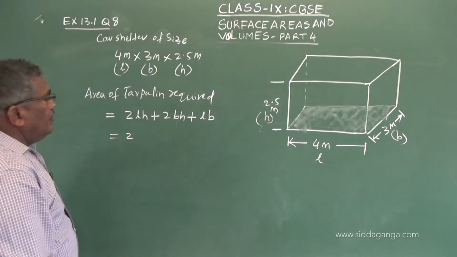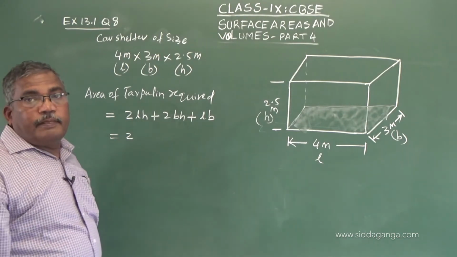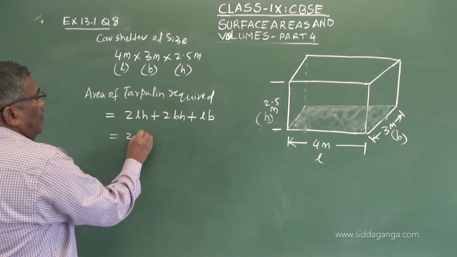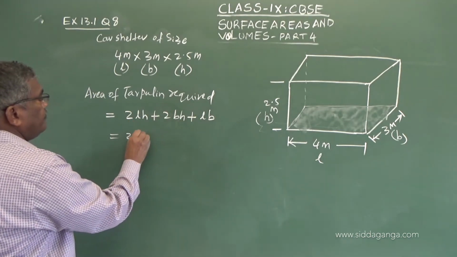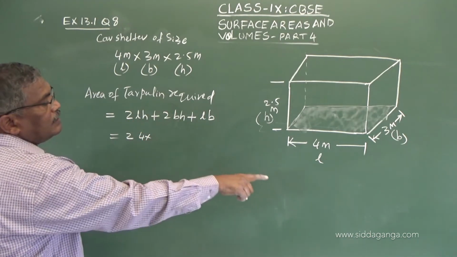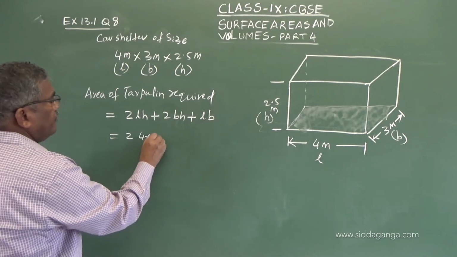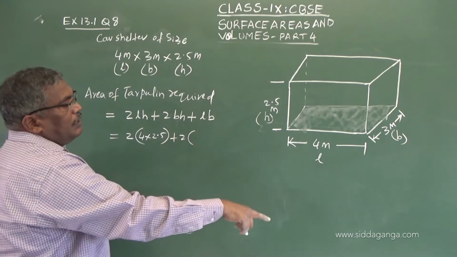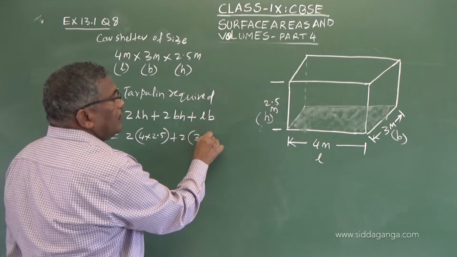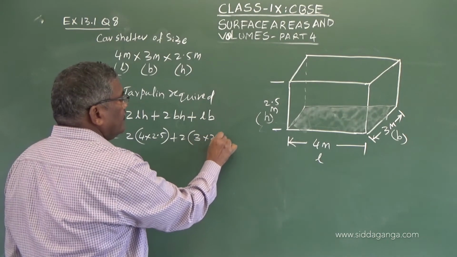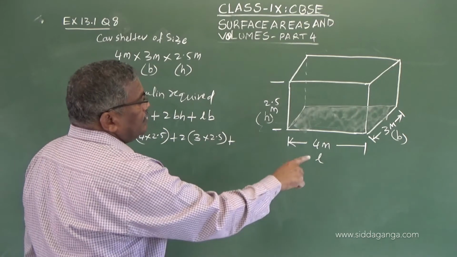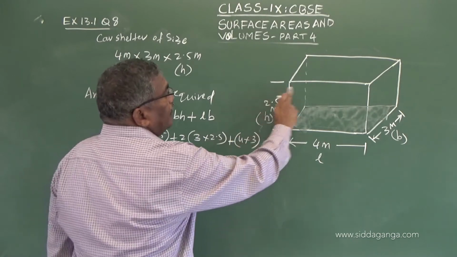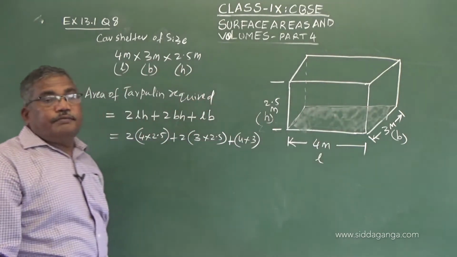So 2 times L into H, L is 4, H is 2.5, plus 2 times B into H, B is 3, H is 2.5, plus L into B. L is 4, B is 3, this 4 into 3 refers to the top portion.